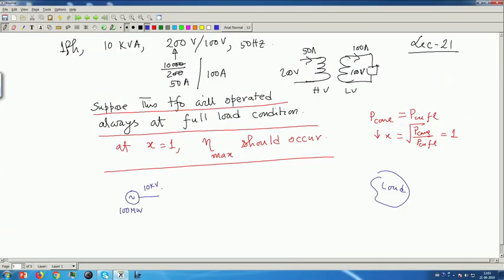So, what is done at the generating station itself, there is a transformer first connected to the generator, and this voltage is stepped up.